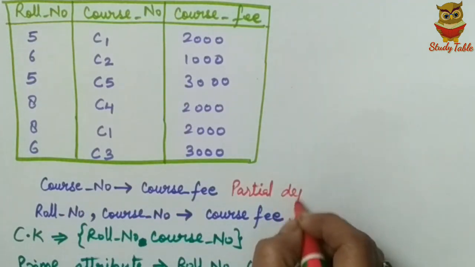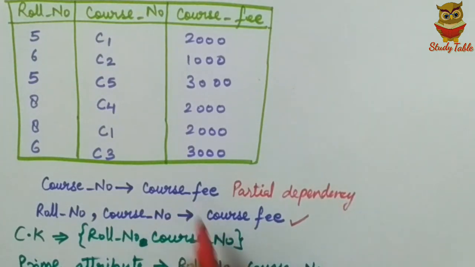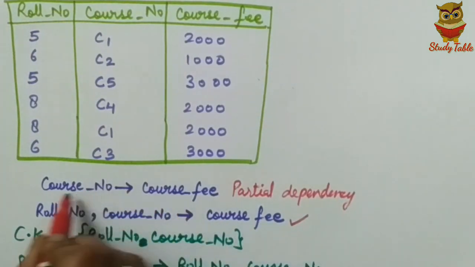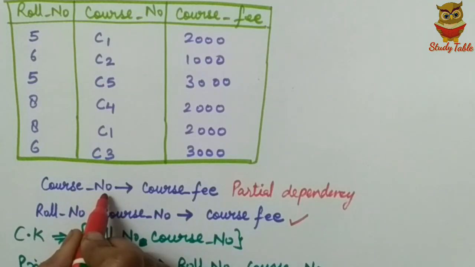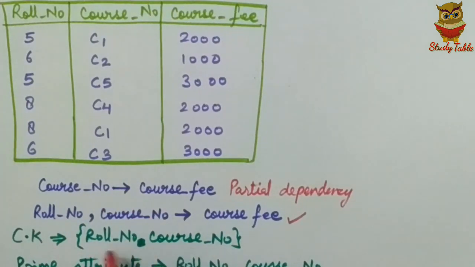Here it is a partial dependency as the non-prime attribute course fee is dependent on a part of the candidate key. Which is our candidate key? Roll number and course number. In these two attributes, it is dependent only on a part of this, on a subset of this.